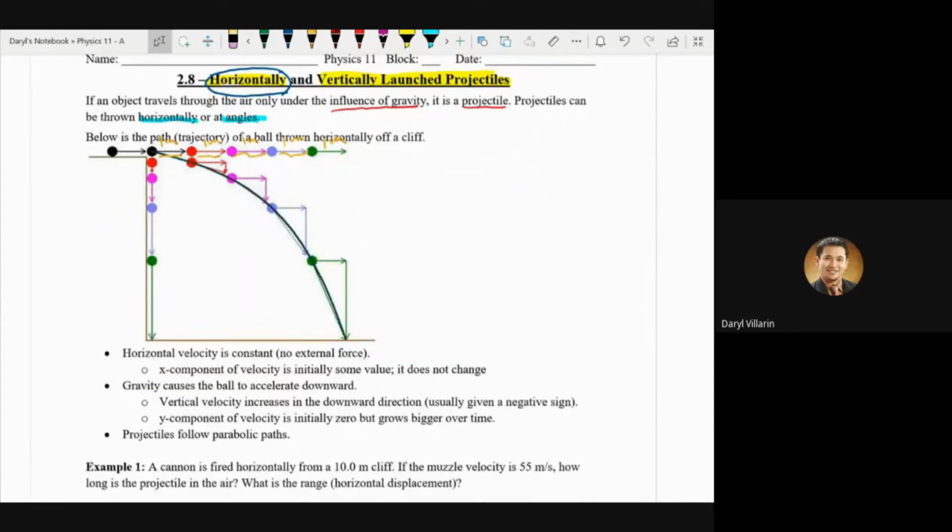So you have a projectile here. Once it leaves this particular table or something, okay? So now it's in free fall. So it is just under the influence of gravity in this case.